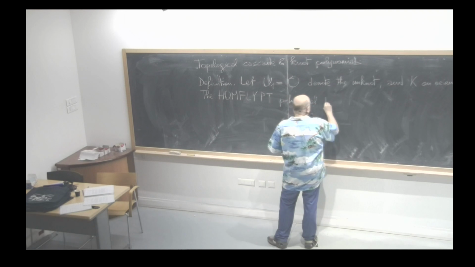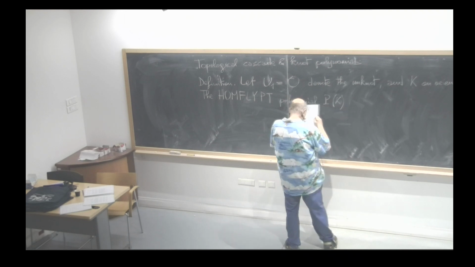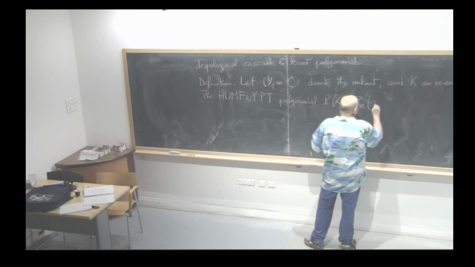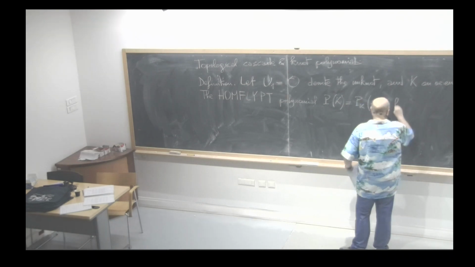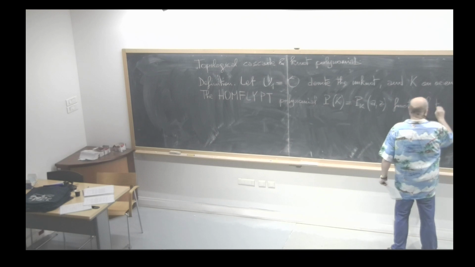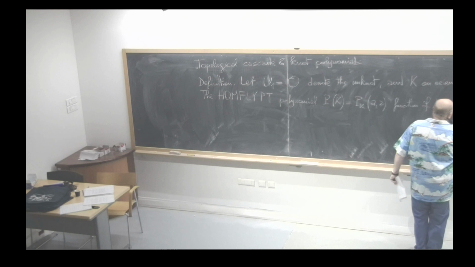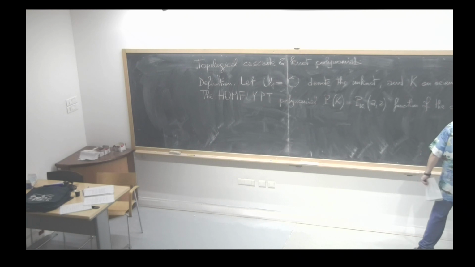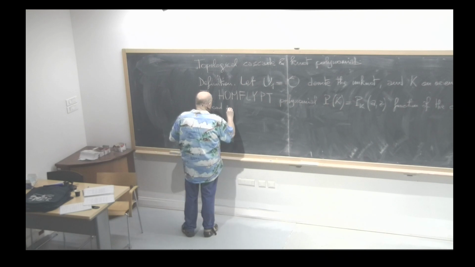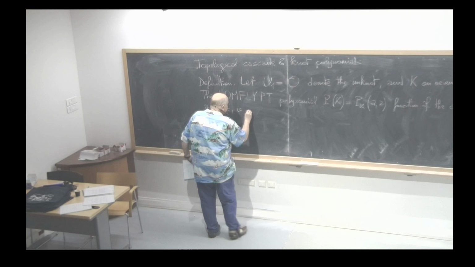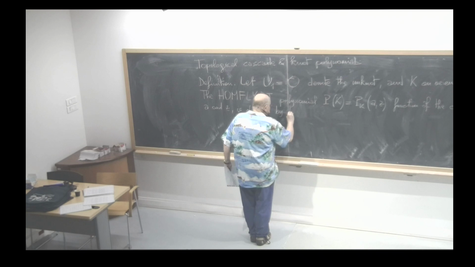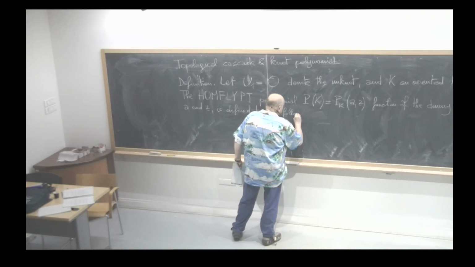The HOMFLY-PT polynomial P of the knot K is a polynomial of the knot in two variables, A and Z, a function of the dummy variables A and Z, and is defined by the following relation.